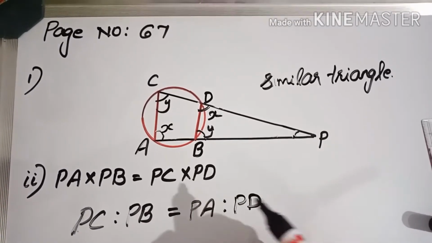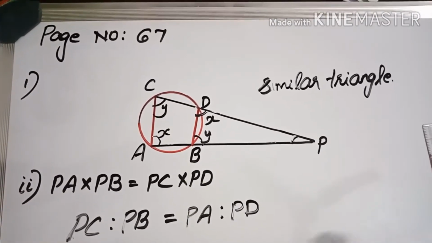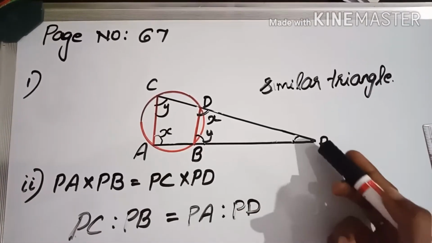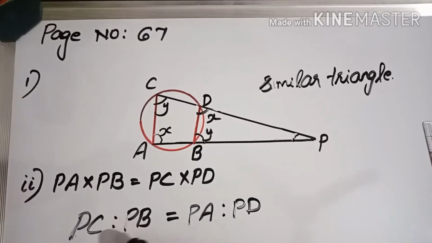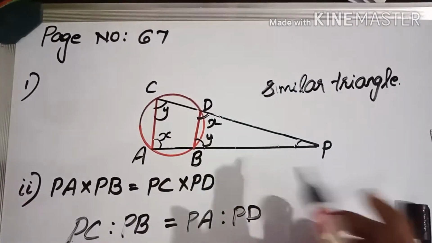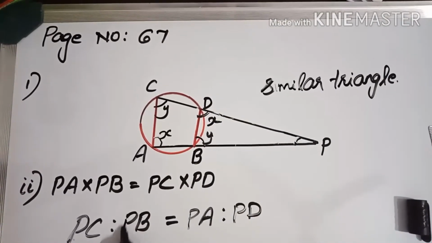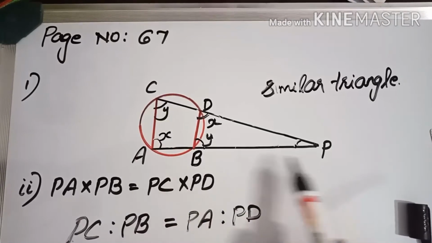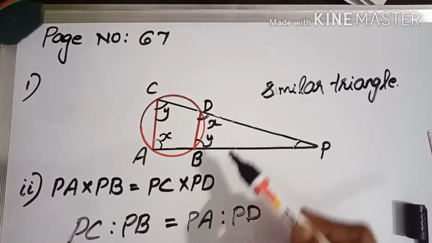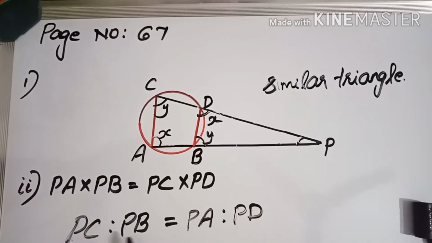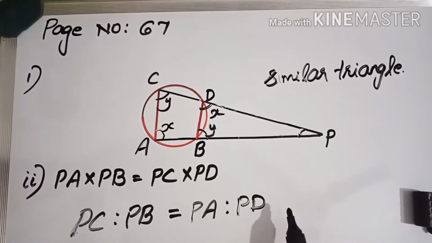So by considering that concept, we got the sides opposite to equal angles. X degree's opposite side is PC, then here x degree's opposite side is PB. Next is y degree. For the large triangle the opposite side is PA, then for the small triangle the opposite side is PD. So PC is to PB equal to PA is to PD.